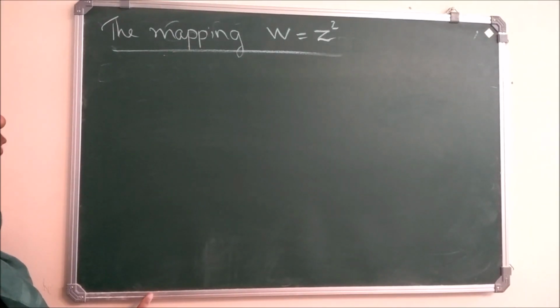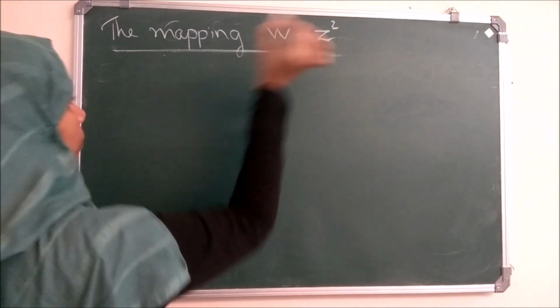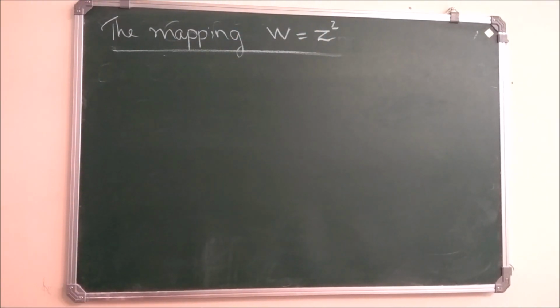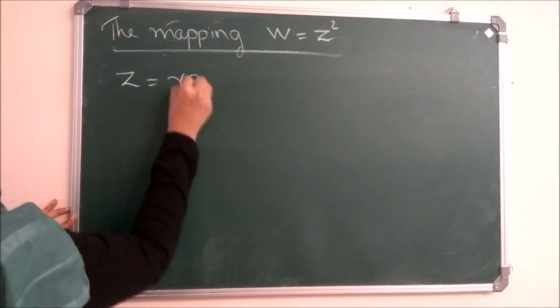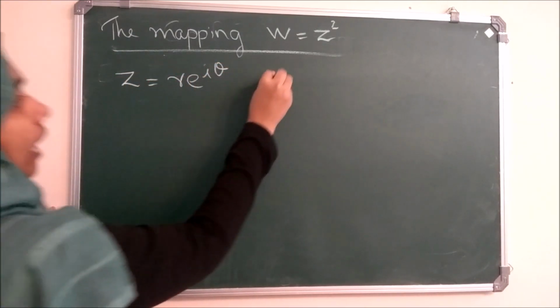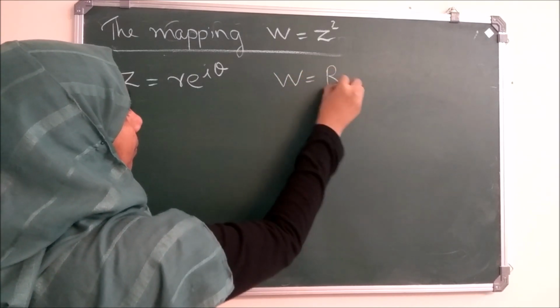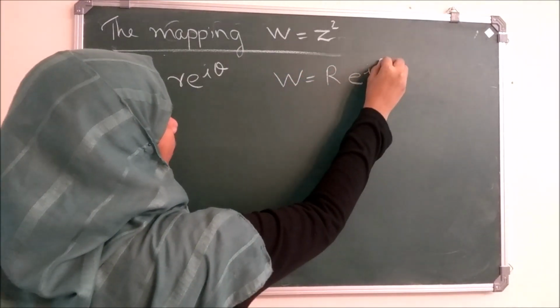First we can see the conformal mapping of the function W equal to Z square. If you take the polar form, suppose Z is r e raised to i theta and W equal to capital R e raised to i phi.